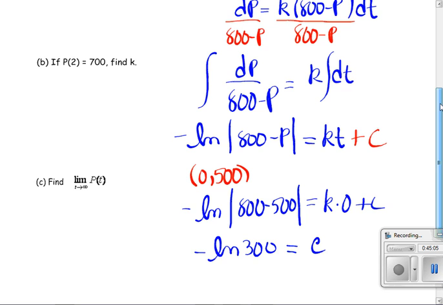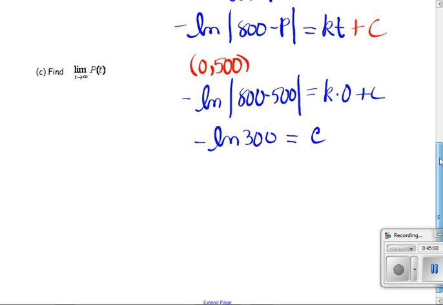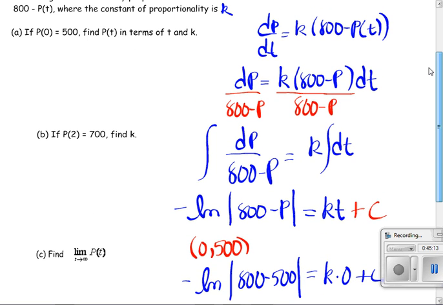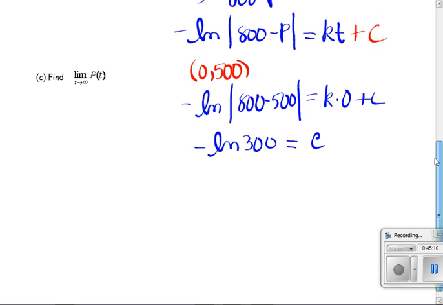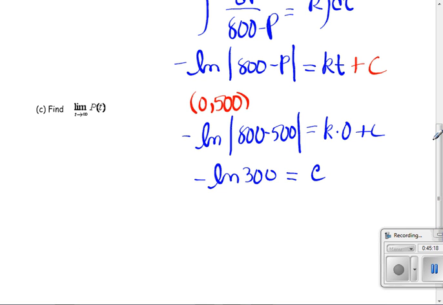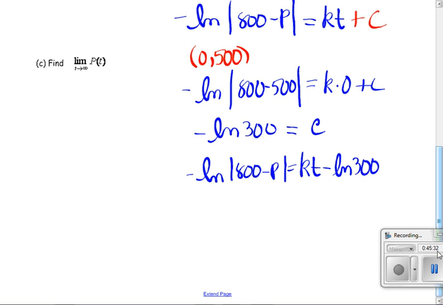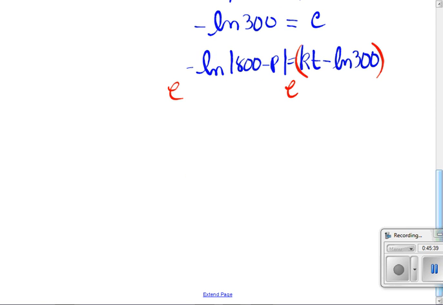And what does it ask for? Find P of t in terms of t and k. So what do I have here? I have this line right here: negative log of the absolute value of 800 minus p is equal to kt minus the log of 300. Now what are we going to do to both sides? Because they want you to solve it. Be careful.